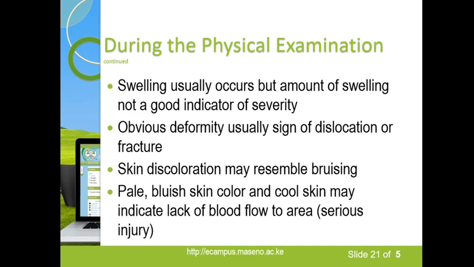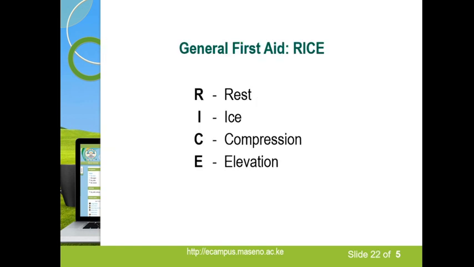And in your assessment, if the patient has been bleeding, then their body may be pale, they may have bluish skin, and the skin may be cool to touch, and all that indicates that the patient may be going into shock. So it could be a serious injury.